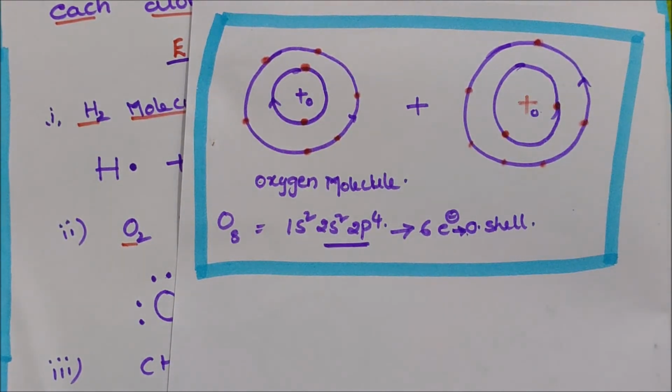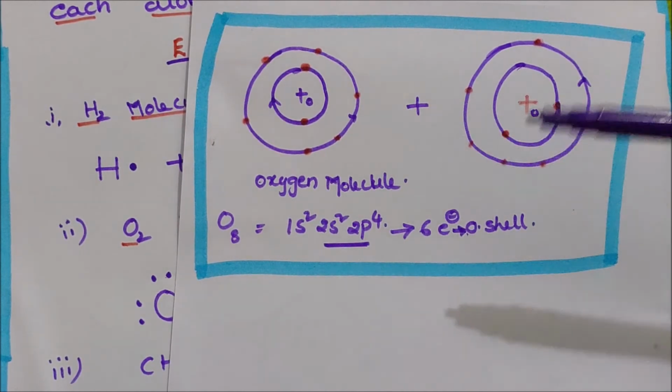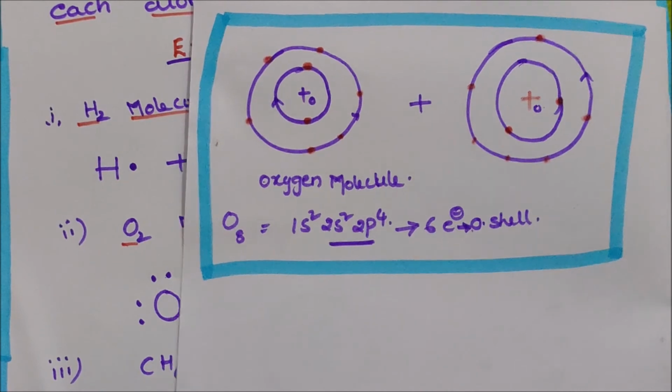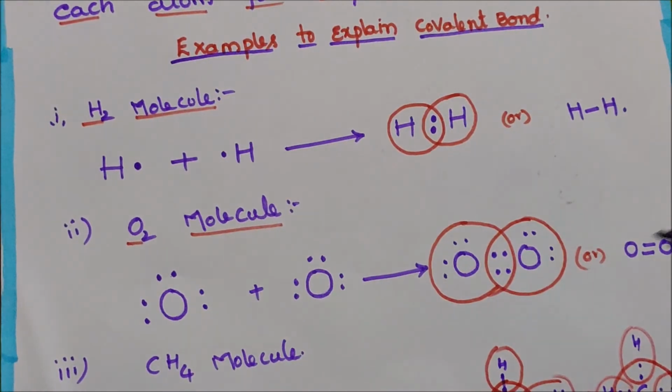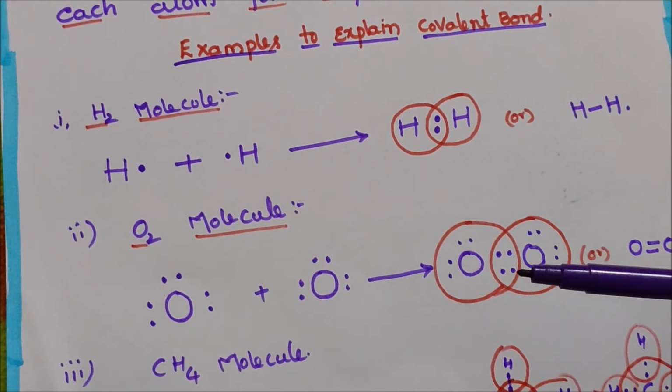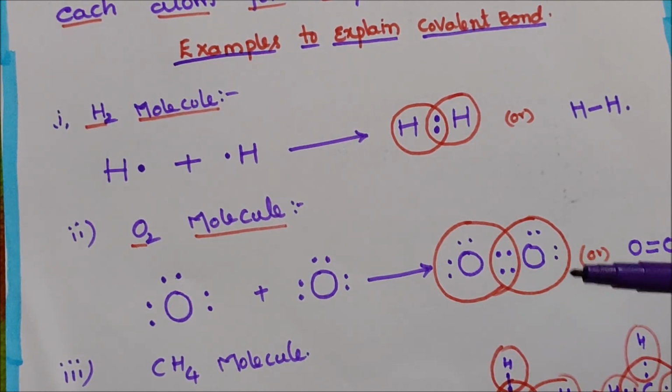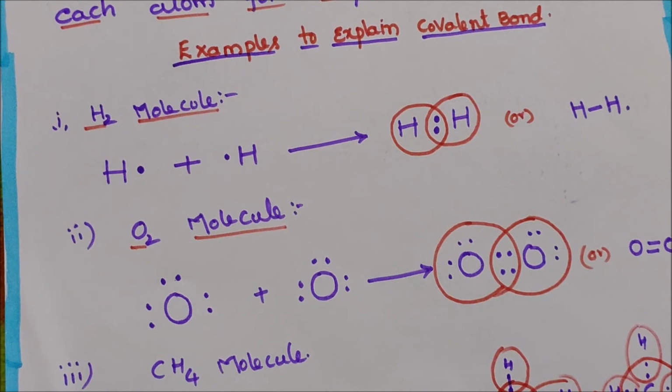These electrons are shared to form a covalent bond with the other oxygen atom, so its covalency is 2. The 4 electrons in the oxygen molecule are shared to form a double bond between the 2 oxygens like this. This is the oxygen molecule, an example of covalent bond.